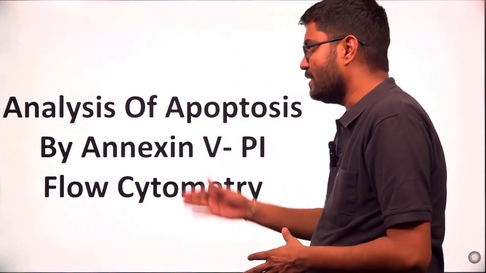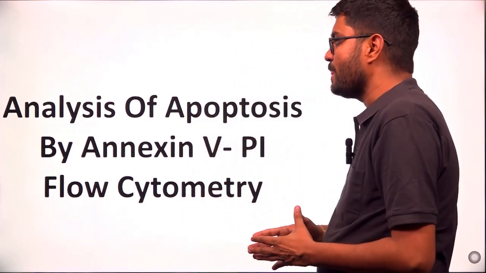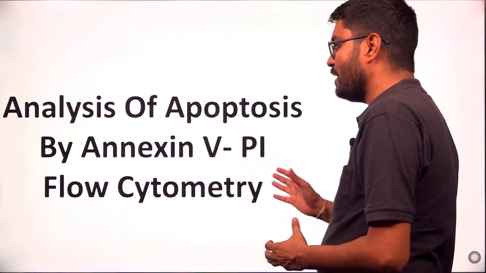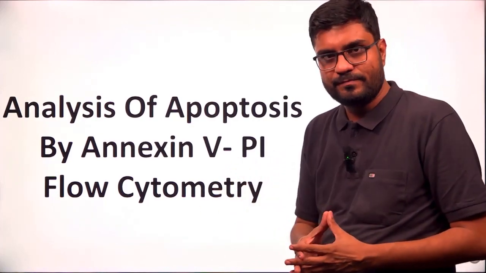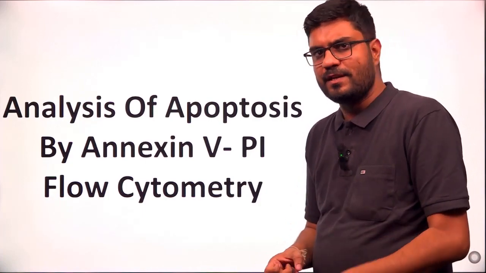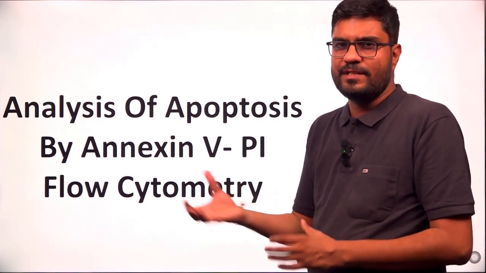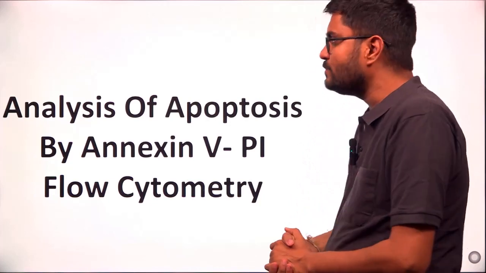By keeping this fact in our mind, today we are going to understand analysis of apoptosis by Annexin-V PI, Annexin-V propidium iodide flow cytometry. We'll understand the basic principle, we'll understand its graph, and we'll see one of the examples also.